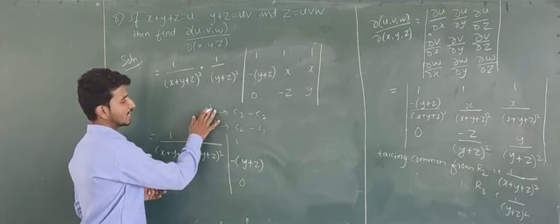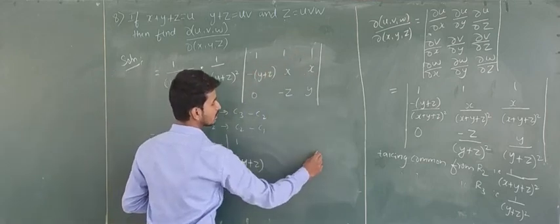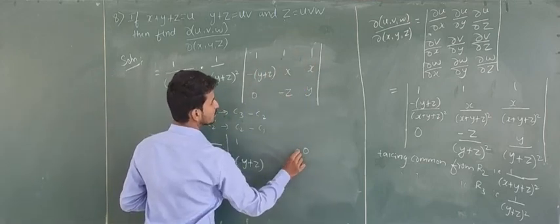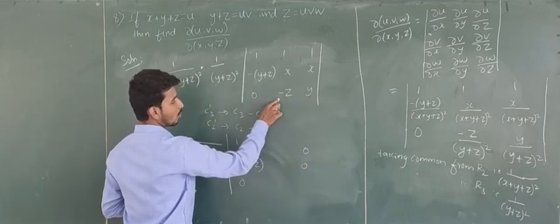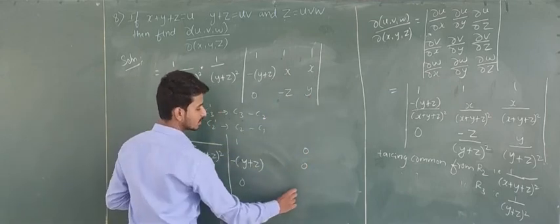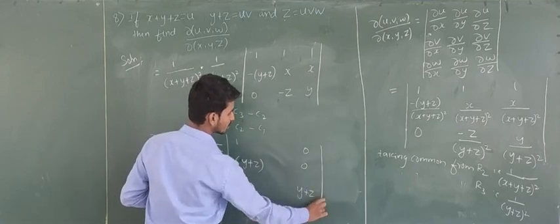C3 dash is C3 minus C2: 1 minus 1 is 0, x minus x is 0, y minus of minus z is y plus z.